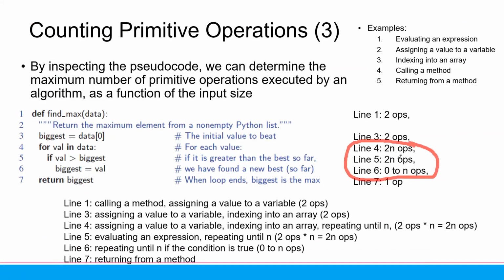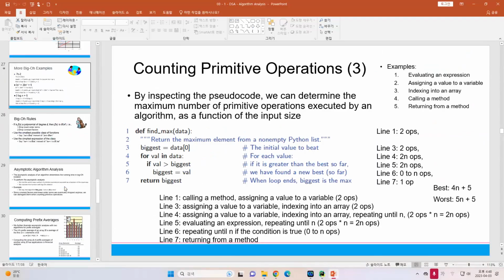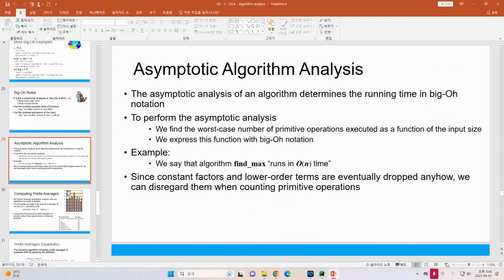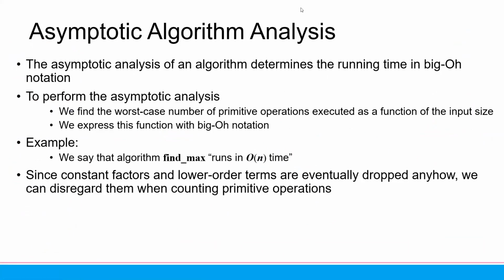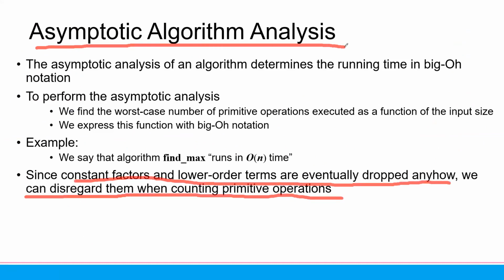In this case, the worst case is up to n times. Then we can say that this is O(n). Since the constant factors and lower order terms are eventually dropped anyhow, we can disregard them when counting primitive operations. That's the meaning of big O notation or asymptotic algorithm analysis.